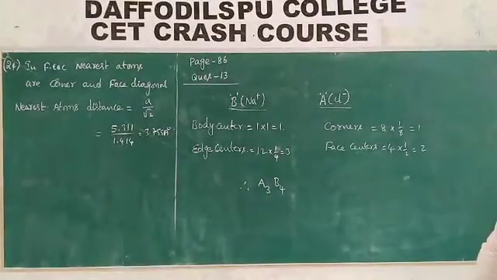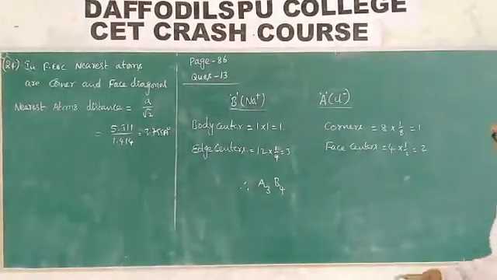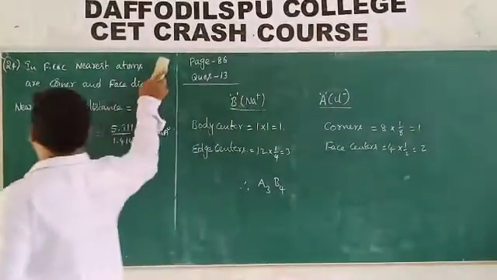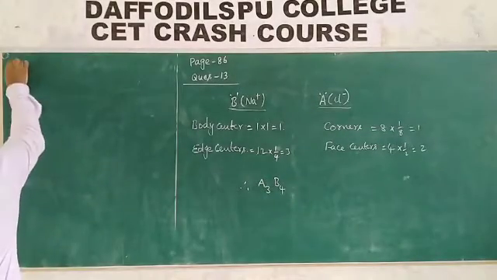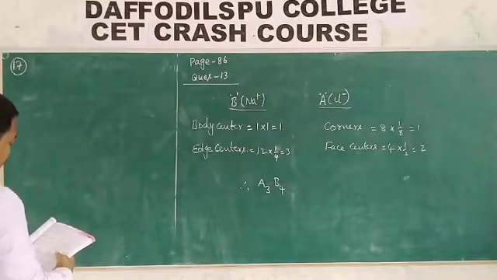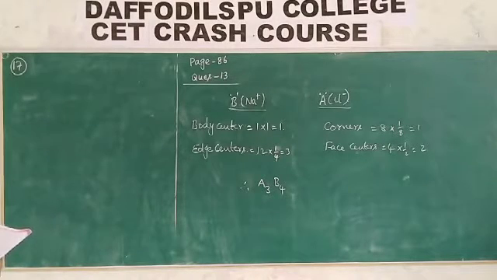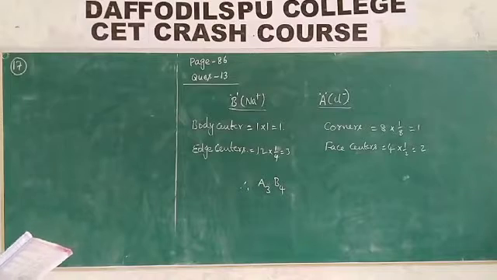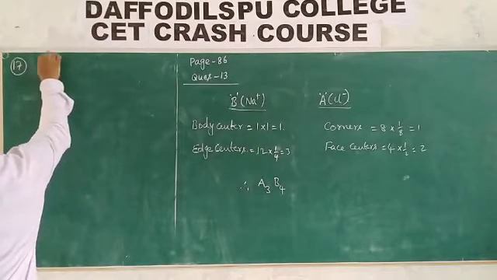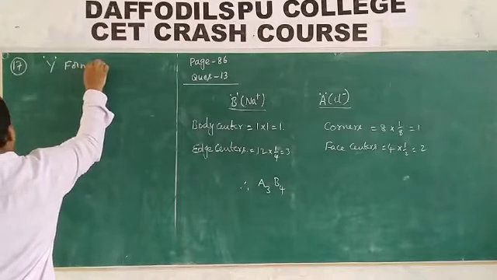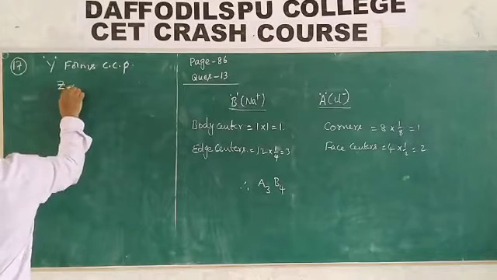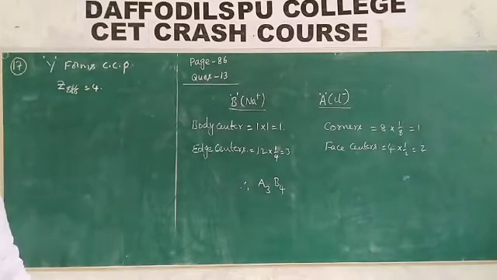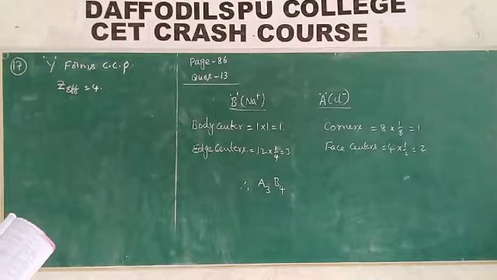Next, the 17th one. Page number 86, question number 17. In a compound, atoms of element Y form the CCP lattice. Therefore, Z effective is 4. And those of element X occupy two-thirds of the tetrahedral voids.